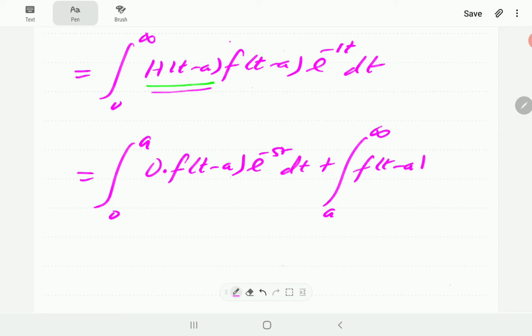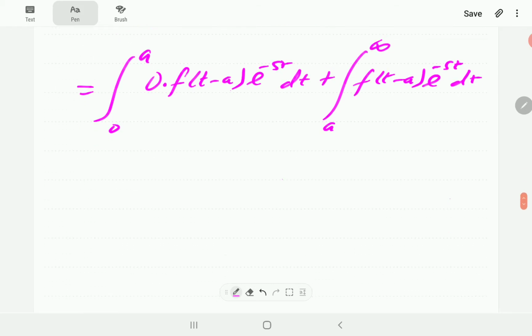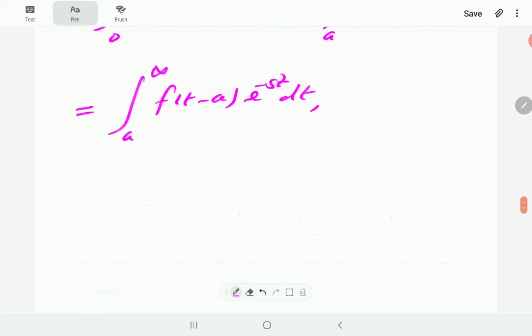So we're just going to have f of t minus a e to the minus st dt. So the first term vanishes. The second term is the integral of f of t minus a e to the minus st dt.